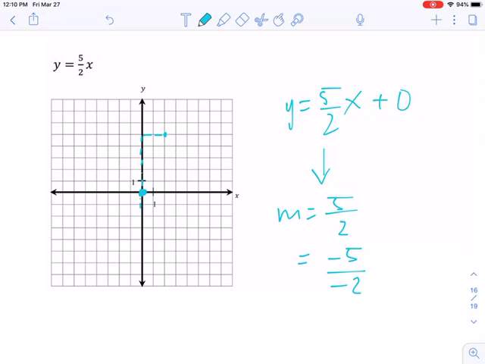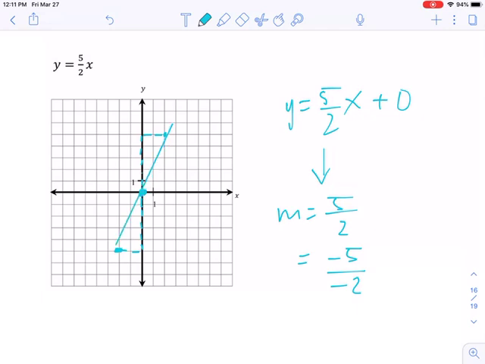So we can rise negative 5, so go down 5. That's so messy. I'm going to try that again. So rise negative 5 and run negative 2, so 2 to the left, and then I can put a point there, okay? And then we're going to draw a line through those points.